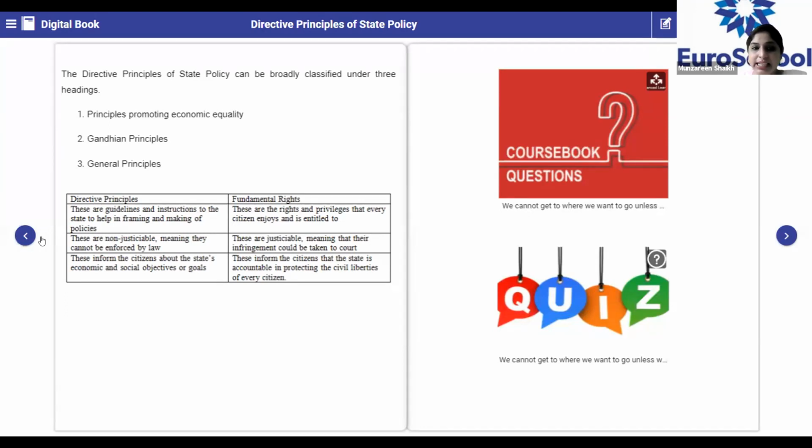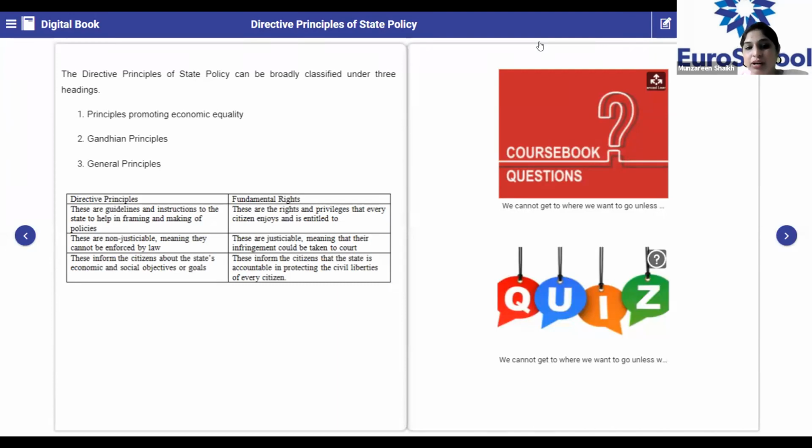Third, these inform the citizens about the state's economic and social objectives or goals. Now, what about fundamental rights? Fundamental rights inform the citizen that the state is accountable in protecting the civil liberties of every citizen.